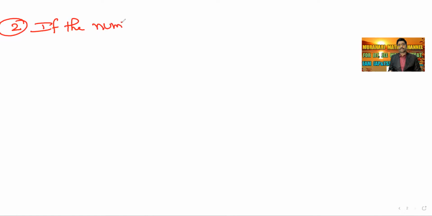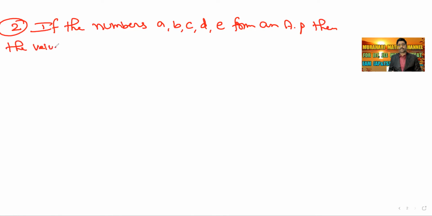A, B, C, D and E form an AP, then the value of A minus 4B plus 6C minus 4D plus E. So this is our target.